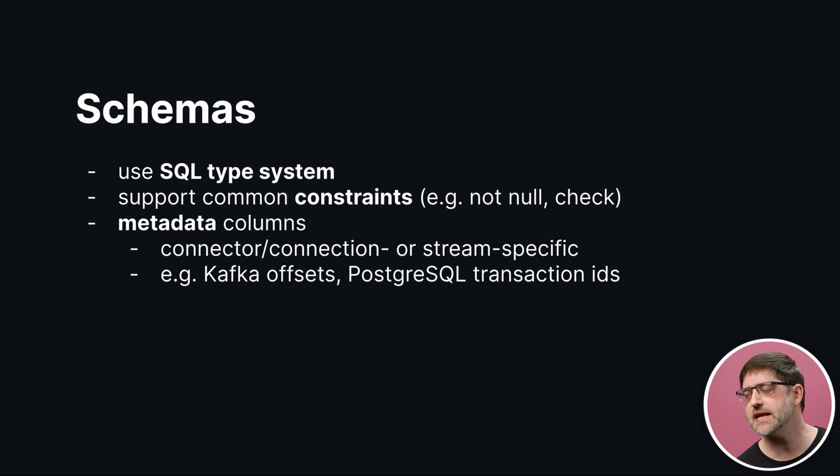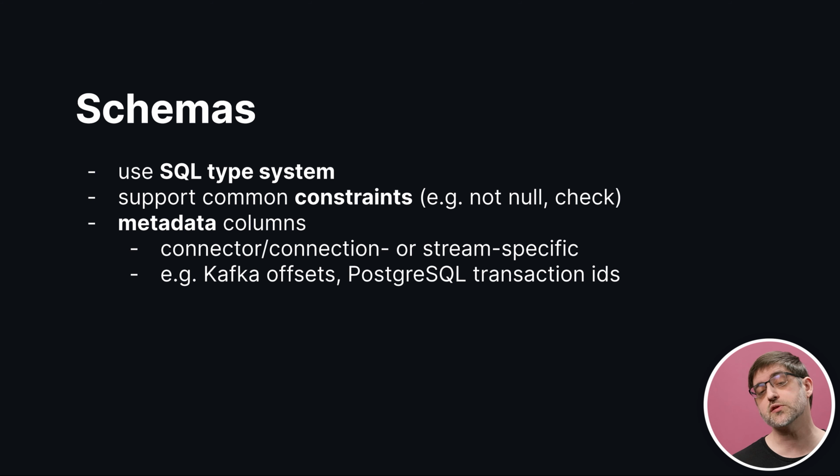Metadata fields tend to be technology specific. In the case of the Kafka connector, for instance, that metadata includes things like the topic name or the partition ID, the offset within that partition. For things like Postgres transactions coming from a CDC stream from a Postgres source, those could include things like transaction IDs and source table and all sorts of other metadata.